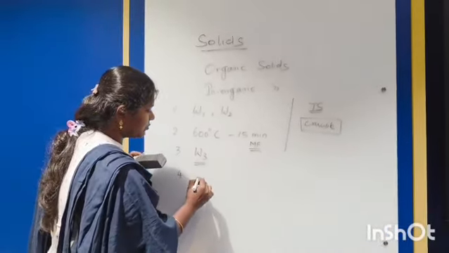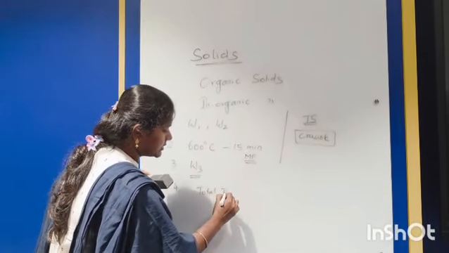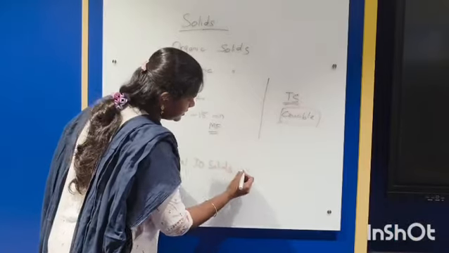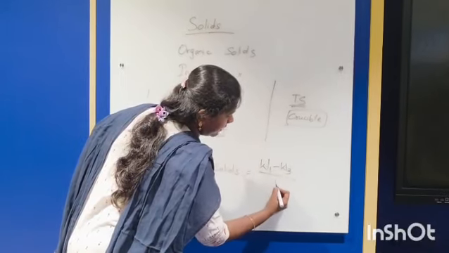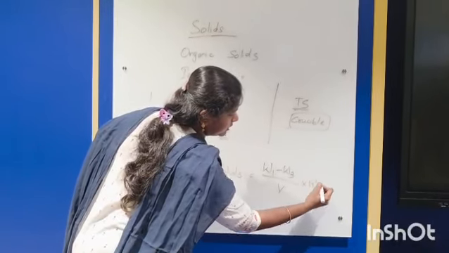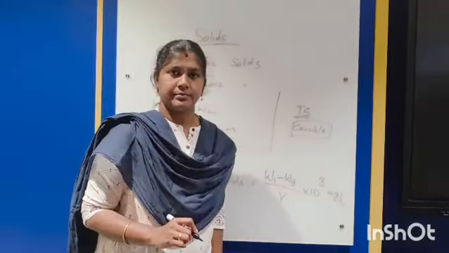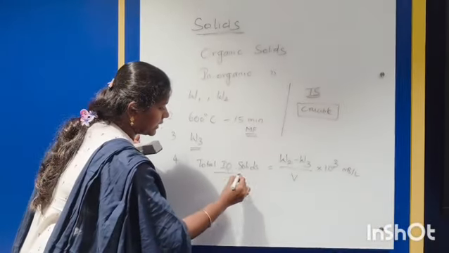The calculation for the fixed solids or total inorganic solids is W3 minus W1 divided by volume of sample into 10 power 3, in milligram per liter. So this will give us the total inorganic solids.